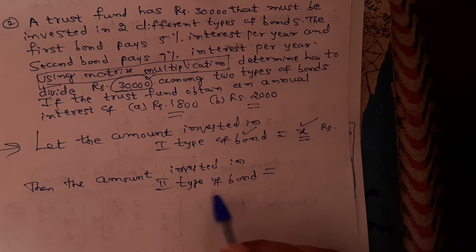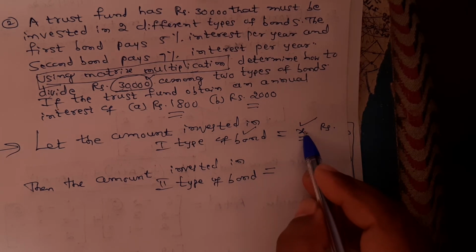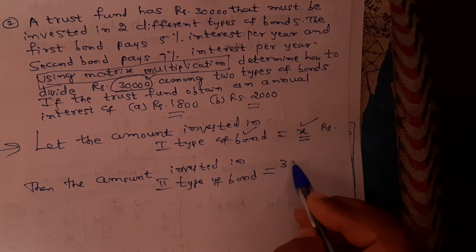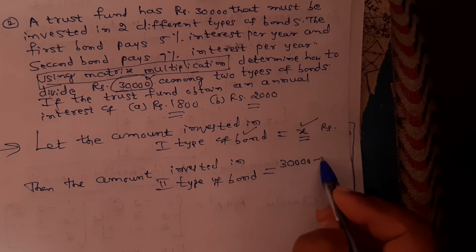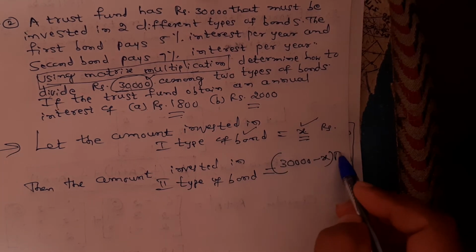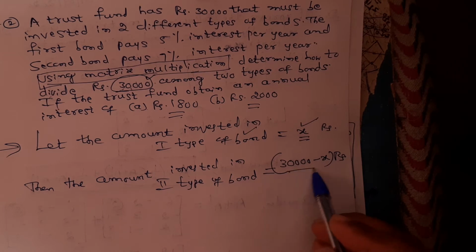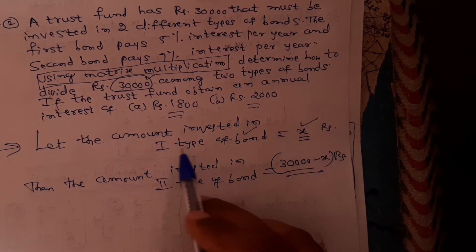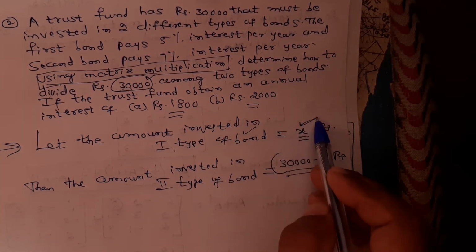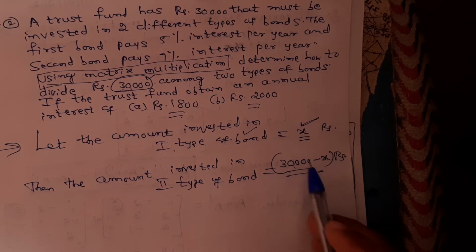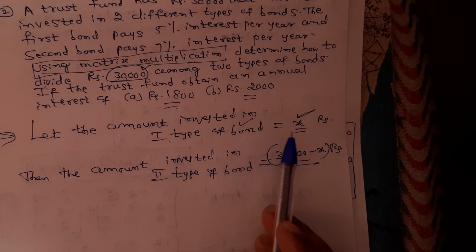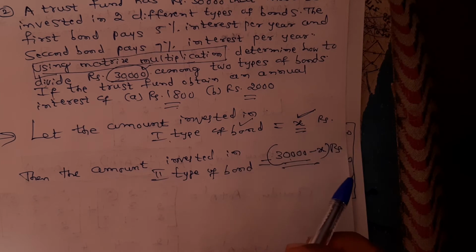I already invested x rupees, so now I have to subtract x from 30,000. See, 30,000 minus x rupees is the amount invested in the second type of bond. The first type I have already invested x rupees, so subtract x from 30,000. This gives me the amount here.